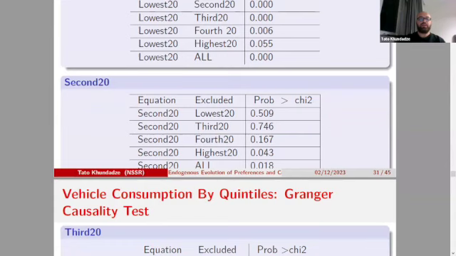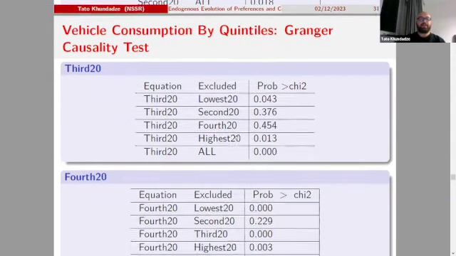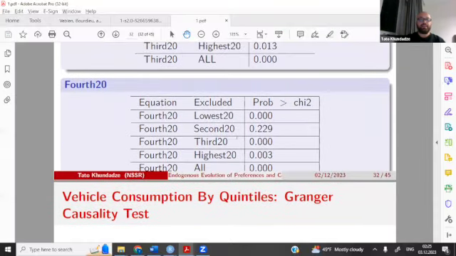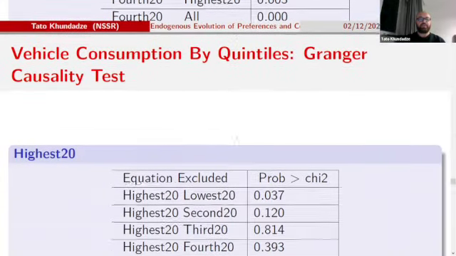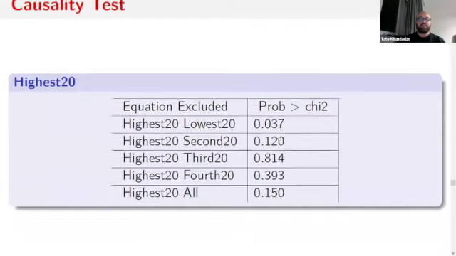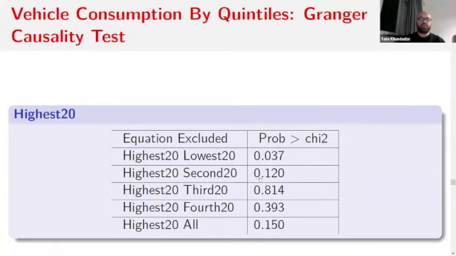So there is some information flow from the highest to the second. The interesting thing in terms of the direction of causality is that for the highest income quantile there is a very high p-value, so there is no causality direction for the highest income quantile.